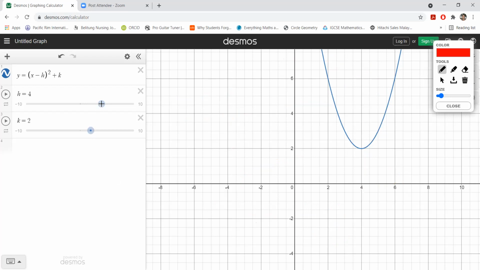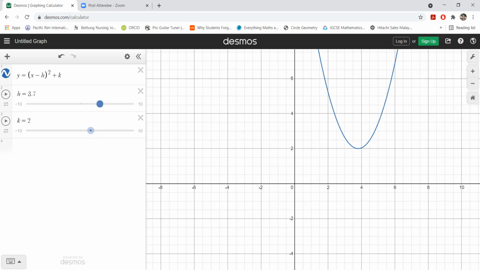So let's just change h. So let's change h across, but now make it on the negative side here. Let's just move it to there. So what's your vertex now then?